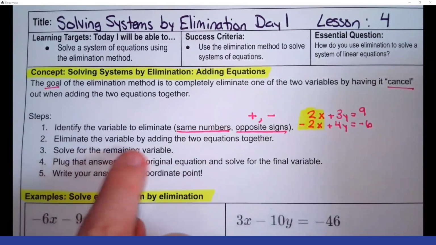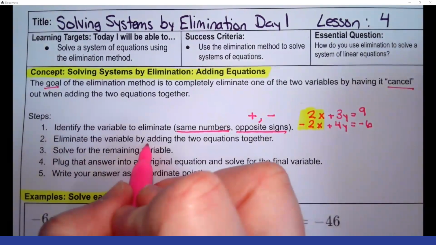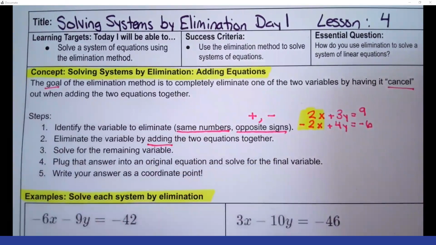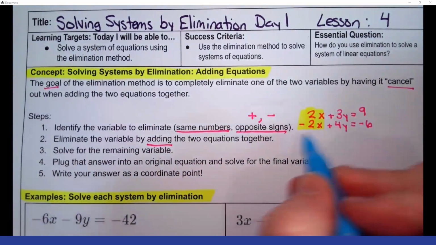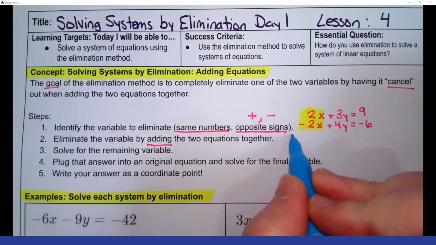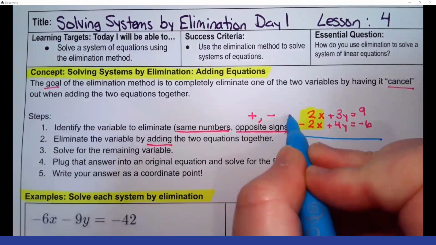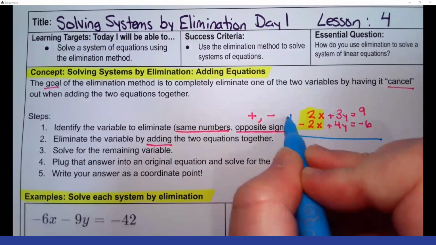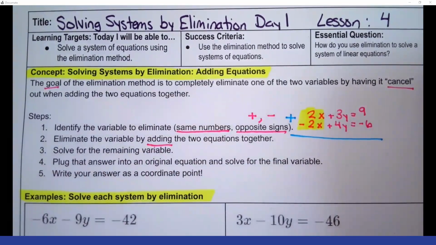Then we're going to eliminate the variable by adding the two equations together. So literally, we're not going to solve this one, but you guys are going to draw a line and an addition sign, and we are going to vertically add the equations together.